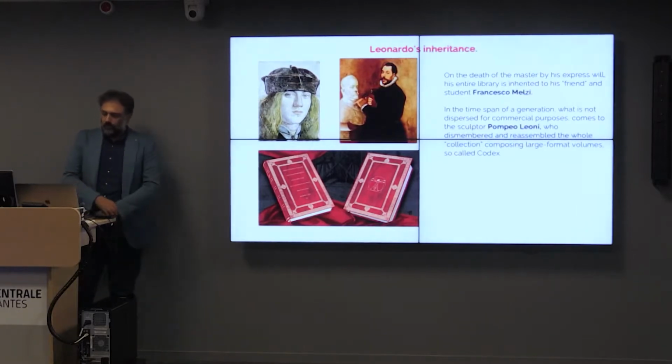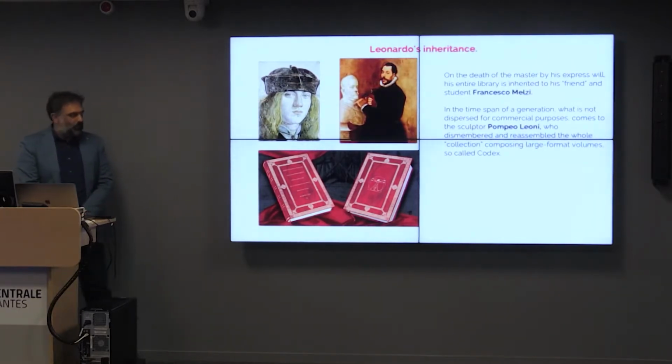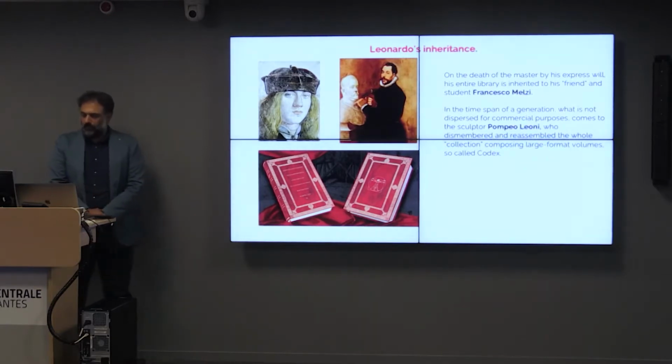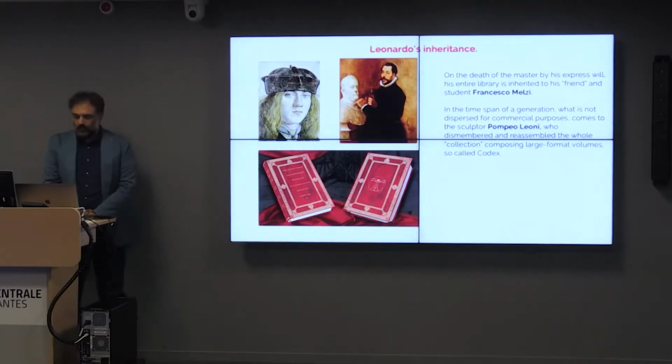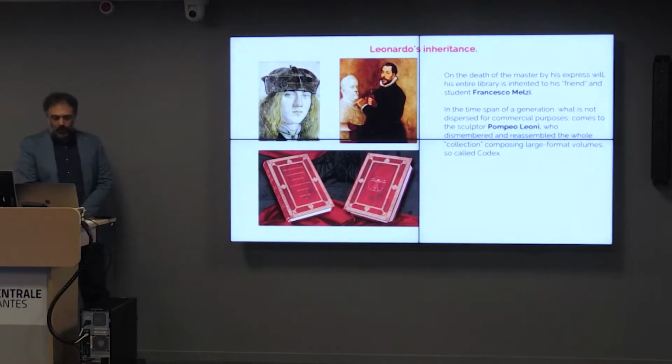By Leonardo's express will, after his death, the entire library was inherited by his student Francesco Melzi. 70 years after Leonardo's death, the sculptor Pompeo Leoni bought part of these notebooks and manuscripts, and Orazio Melzi, the son of Francesco, sold all this material to Pompeo Leoni.